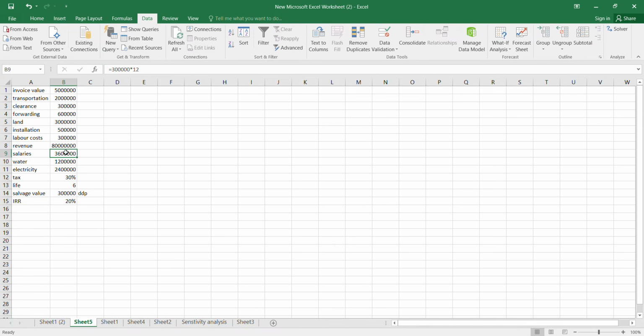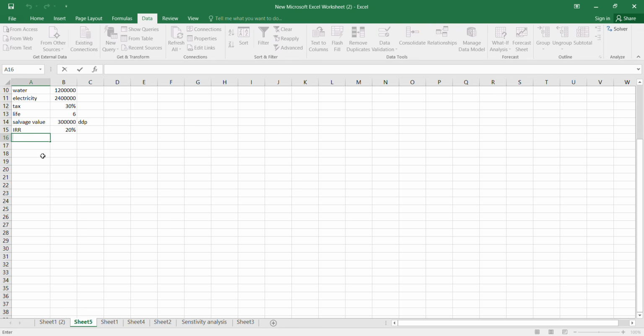Water, salaries, electricity. They also told us that the bracket is 30%. Now let us first get the depreciable value. The depreciable value is found in our initial outlay.